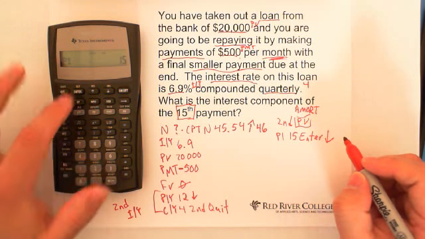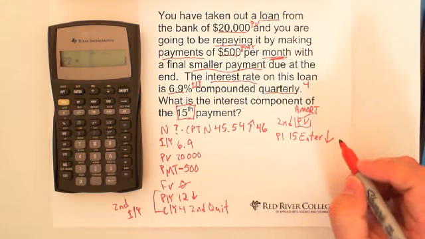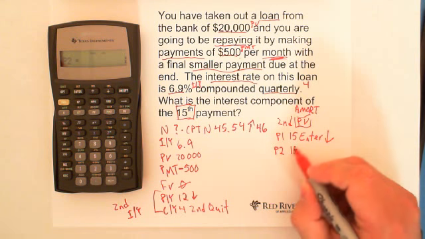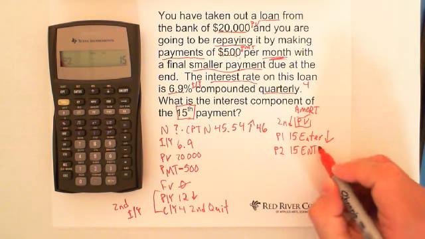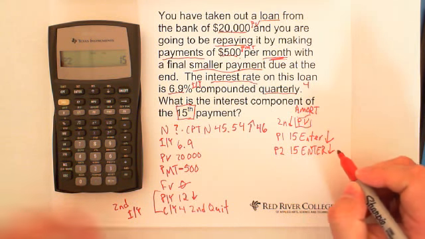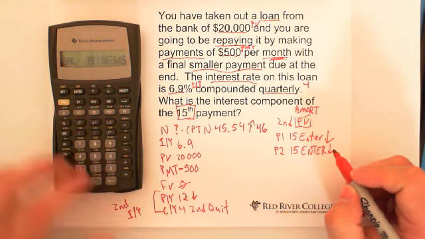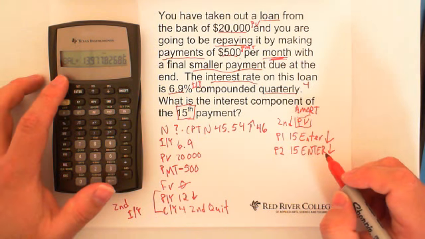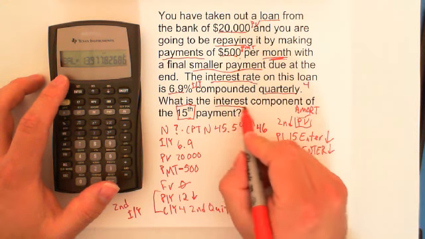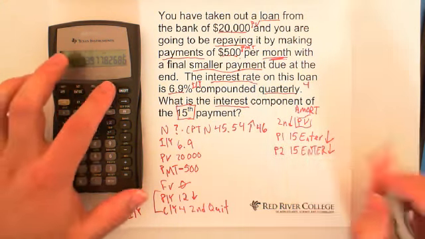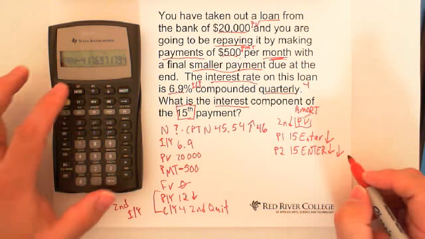So 15, enter, down arrow, and then P2 we're also going to set to 15, and then again we push the enter down arrow button. BAL stands for the remaining principal balance on the loan. But this question wants the interest component, so we're going to push the down arrow again.